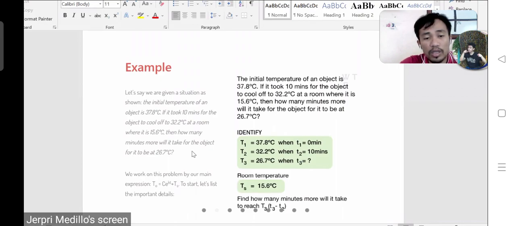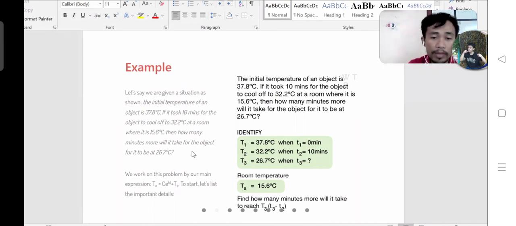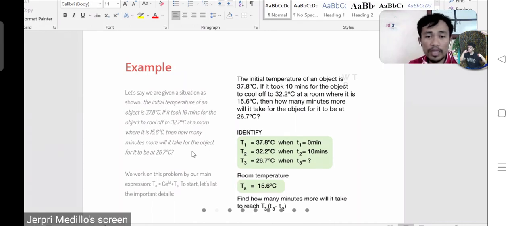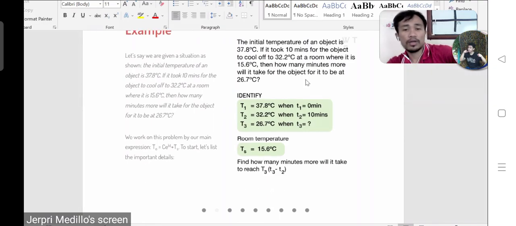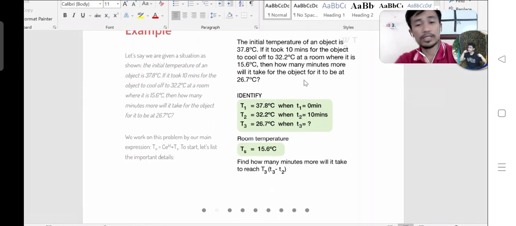So using the formula, we work the problem by our main expression. The initial temperature of the object is 37.8, and it takes 10 minutes for the object to cool. In solving this, it is better to identify the times.